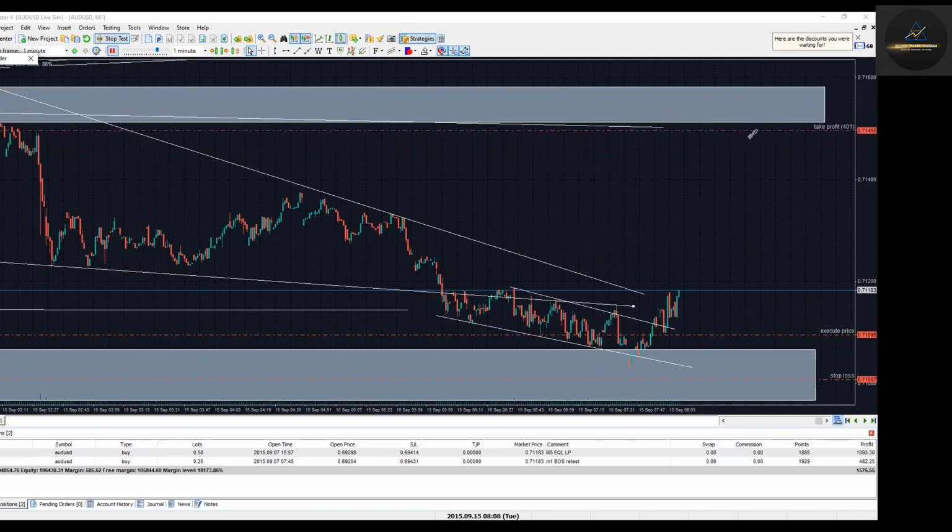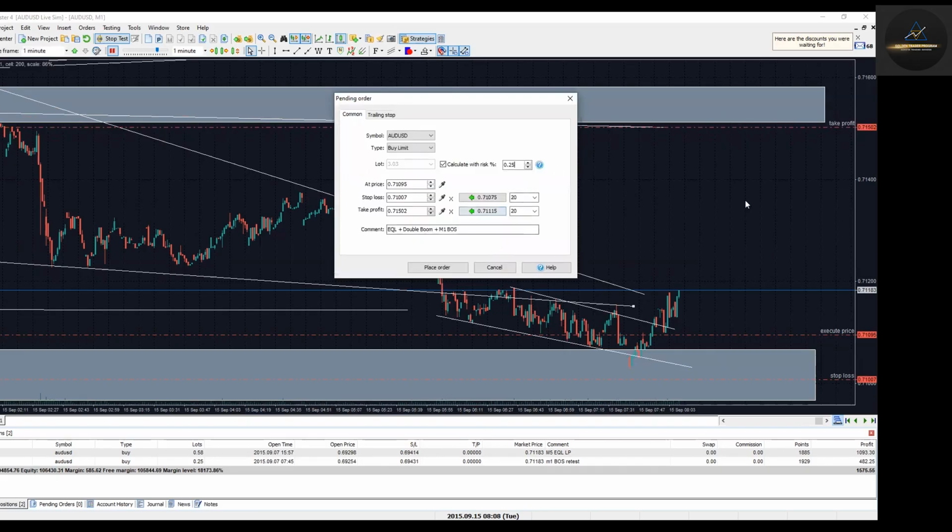Yeah, very nice. That's the breaker structure, and then we've got the point of interest right here. So that's TP1. TP1 is set, place trade.